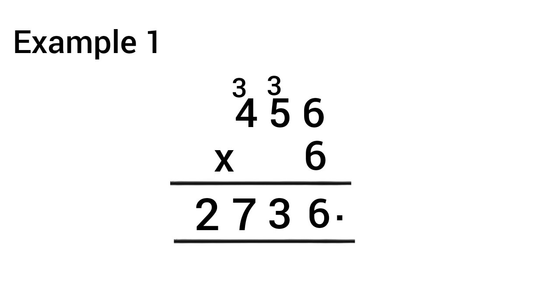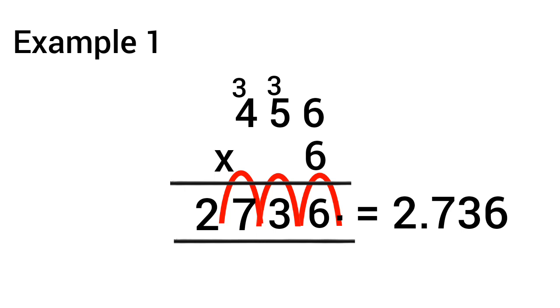How many times? 3 times, because we had a total of 3 decimal places. 3 times to the left. So let's go 1, 2, 3. So our answer is 2.736.